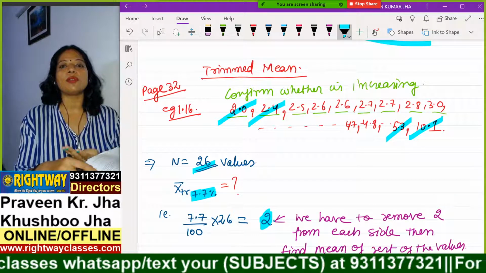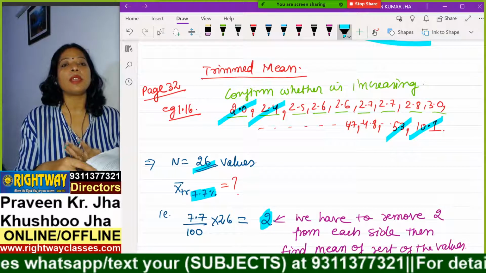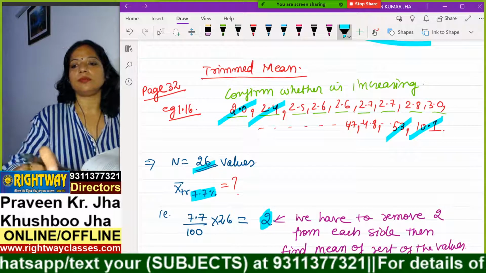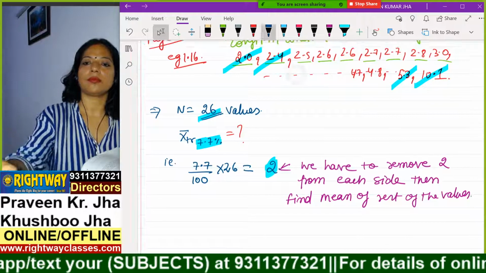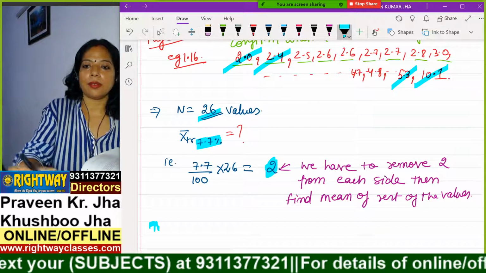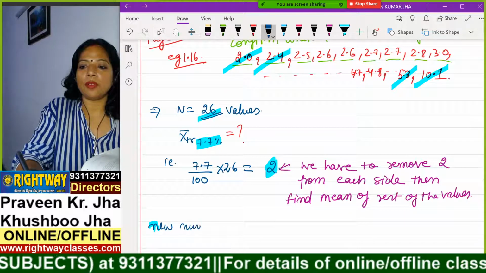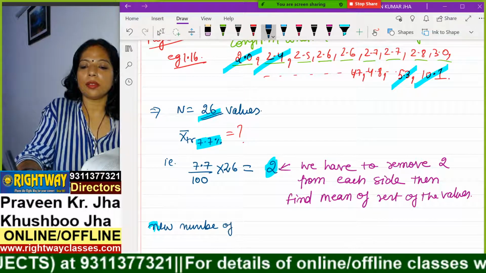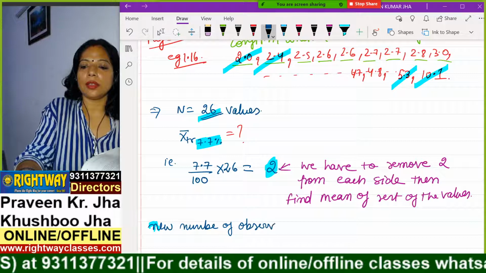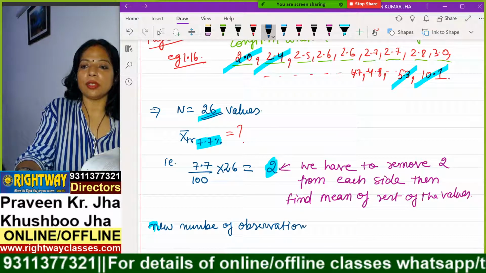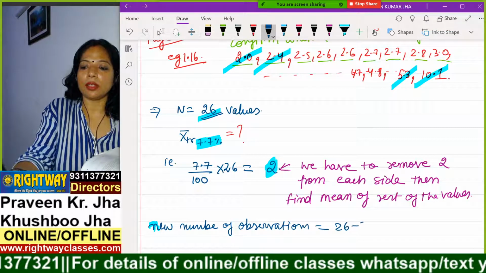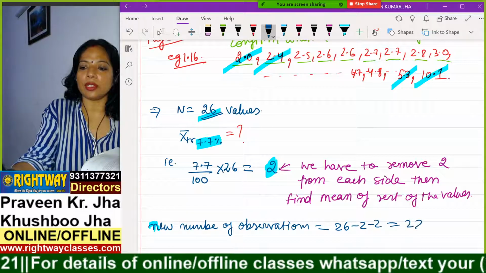How many values will be left there? New number of observations will be 26 minus 4, that is 22.